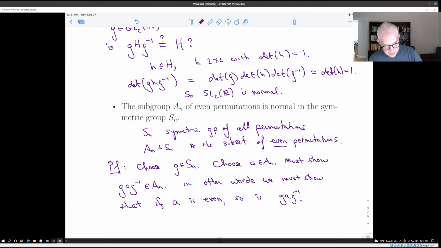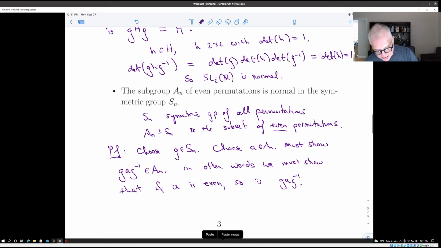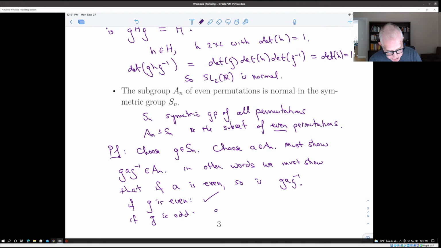There are two cases. If G is even, that's automatic, because the product of even permutations is even. And if G is odd, then G times A is odd because it's an odd times an even permutation. And then G times A times G inverse is even because it's an odd times an odd permutation.